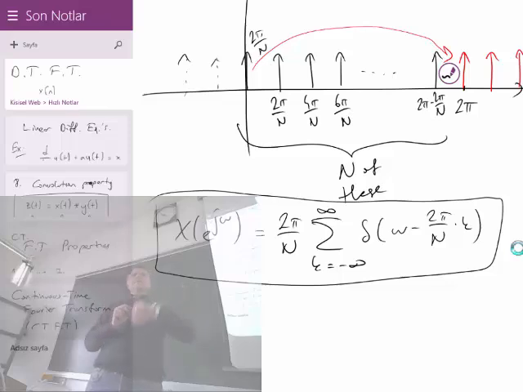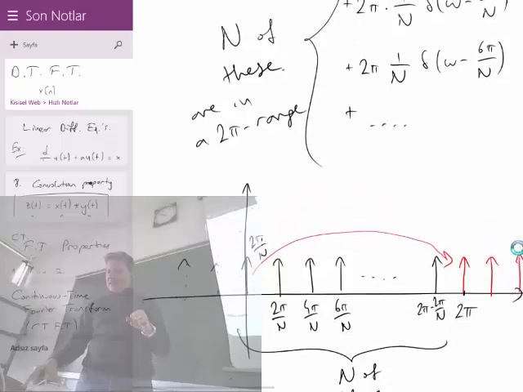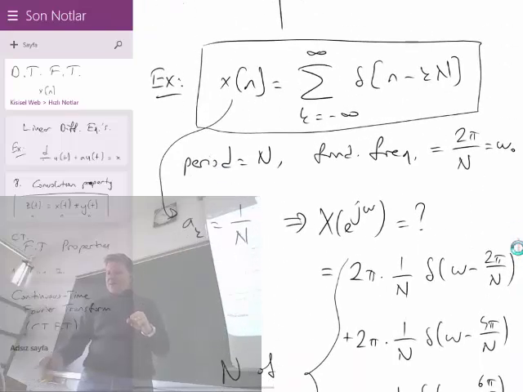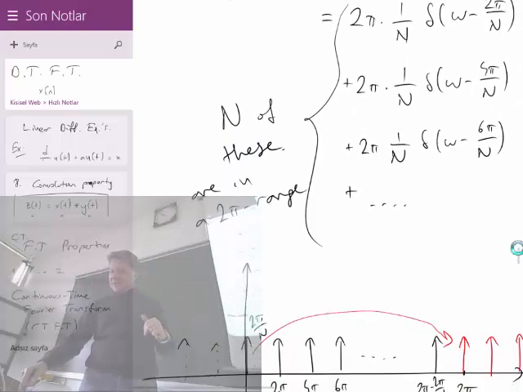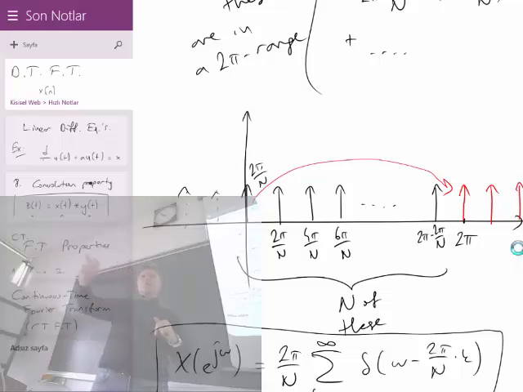The fundamental difference is between the periods of these impulse trains. The period of the impulse train in time domain is capital N. The period of the impulse train in the frequency domain is 2 pi over capital N. So if N is larger and larger in time domain, it makes these impulses nearer and nearer.